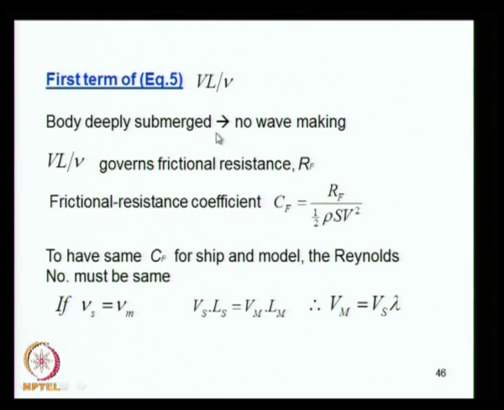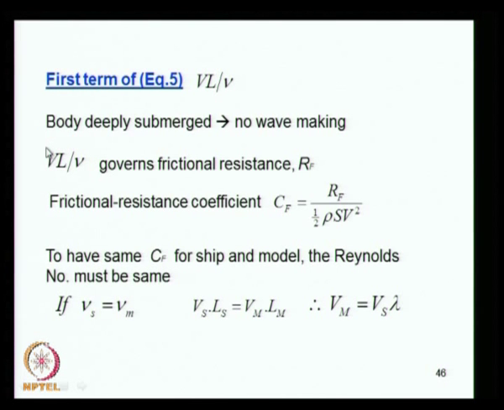When the body is deeply submerged, no waves are created, and the only resistance available now for a deeply submerged body is due to the viscous effect. So VL by nu governs the frictional resistance, which is a major component. It can also refer to the viscous pressure resistance, but mainly the frictional resistance is considered here.